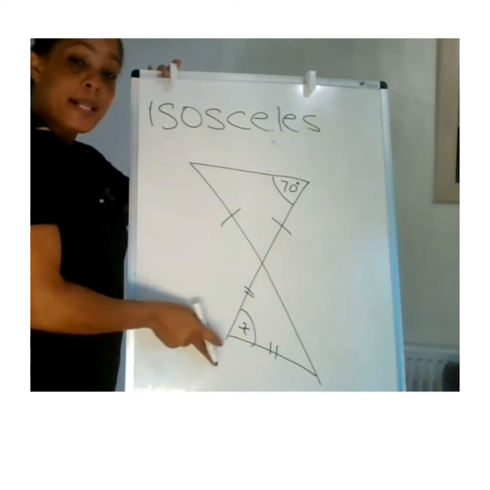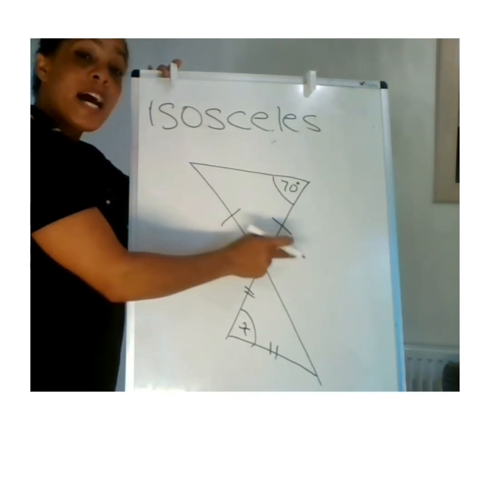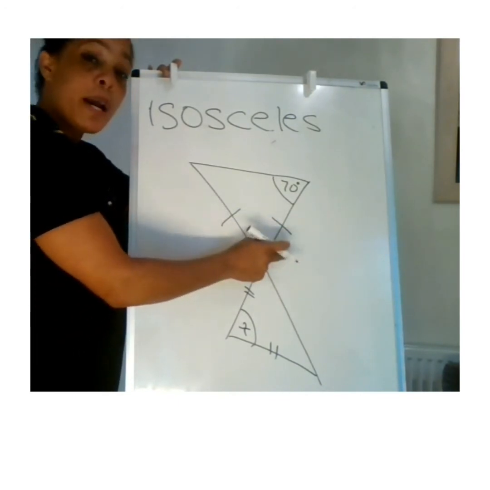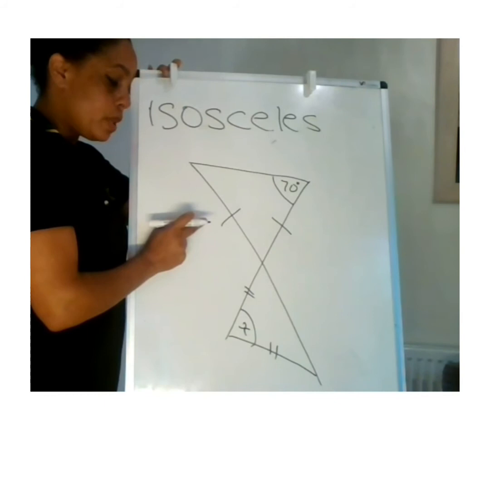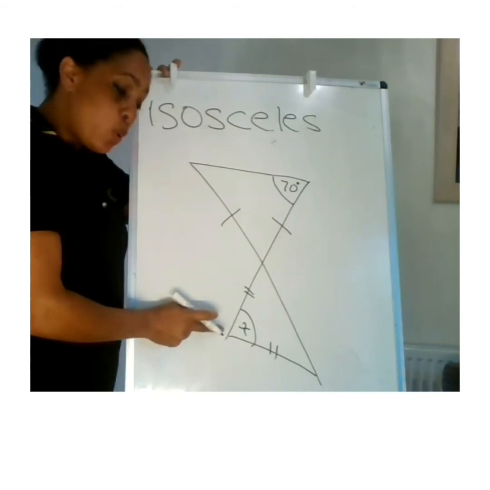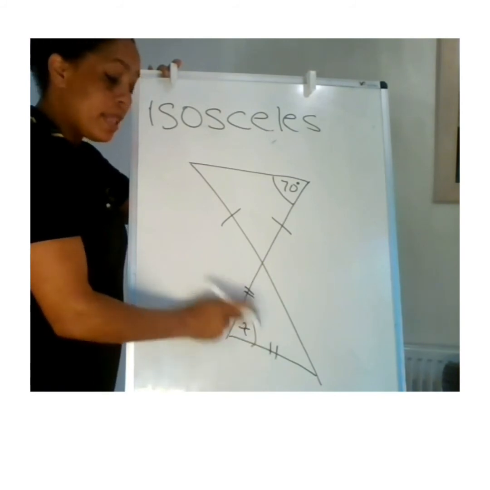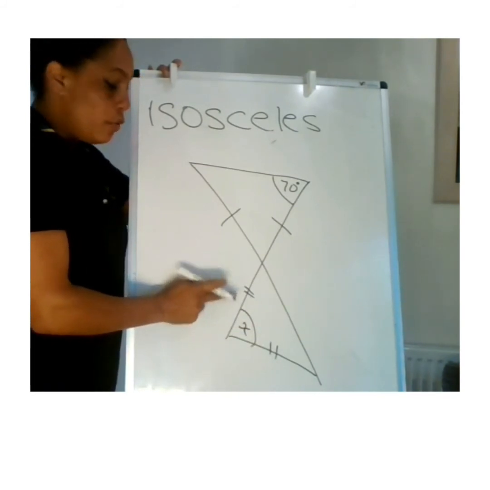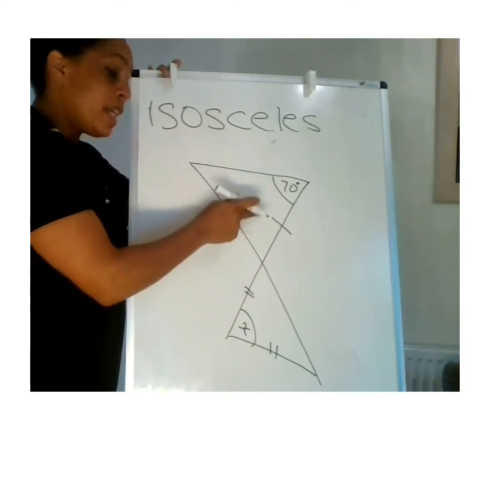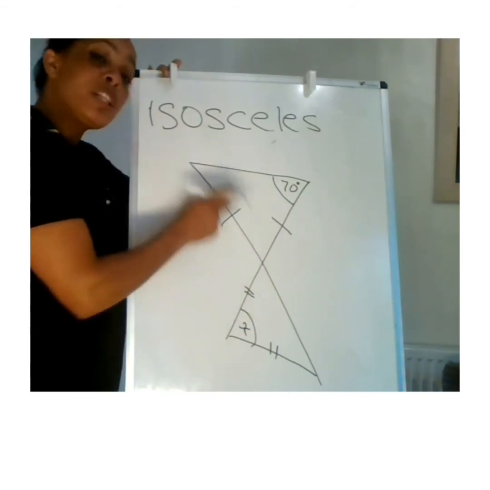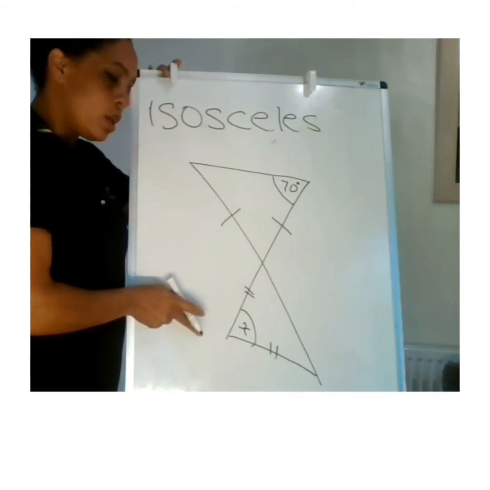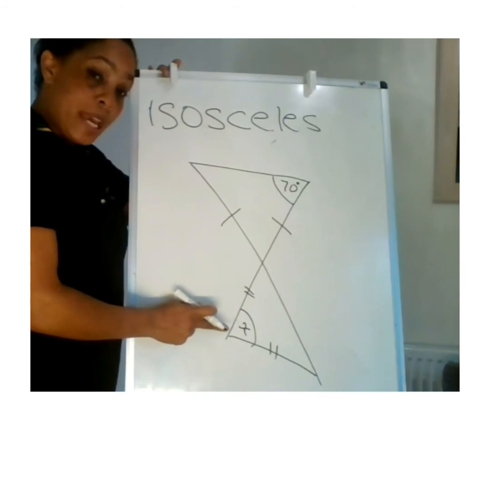We have two triangles. This triangle is an isosceles triangle, indicated by these two sides being the same. But this triangle is also an isosceles triangle, indicated by these two sides being the same. The reason why we have that one with a double line and that one with a single line is just to distinguish between the two triangles. We're asked to find the value of this x.